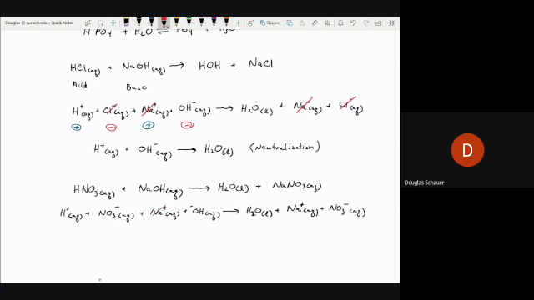And again, we see that sodium and nitrate don't do much of anything here.